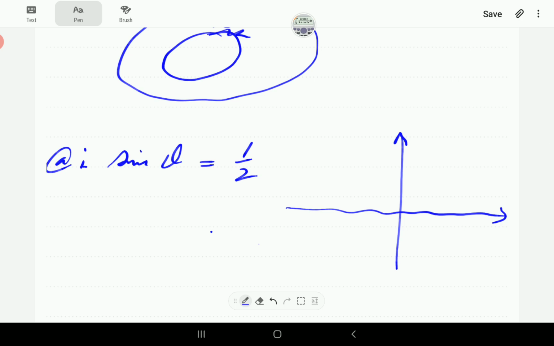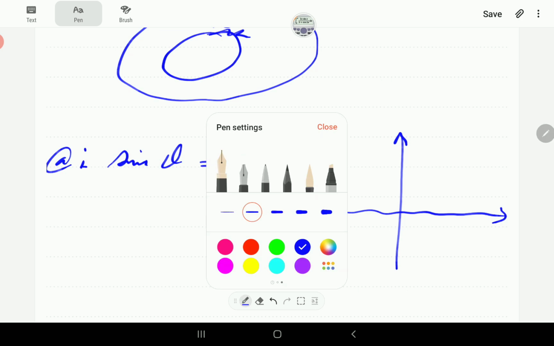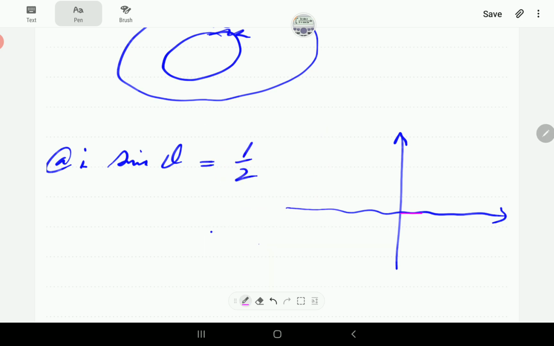And if you remember what we talked about in the first video, then you will recall that sine theta is positive in the first quadrant, and is also positive in the second quadrant. So that means the solutions we expect are an angle in the first quadrant and an angle in the second quadrant.